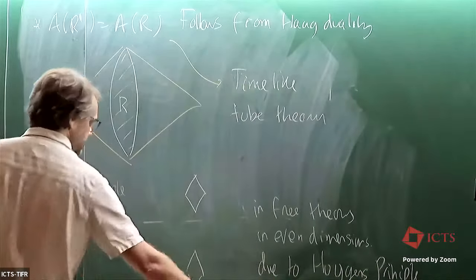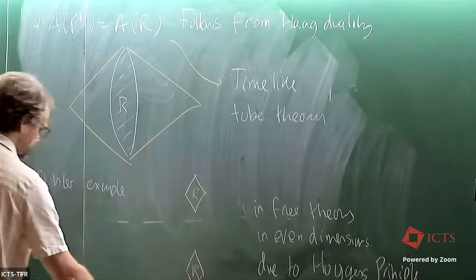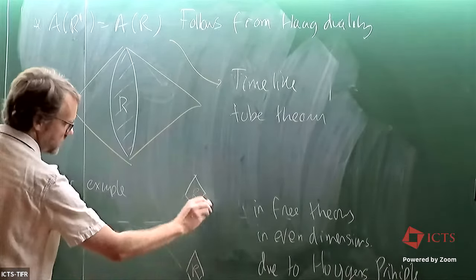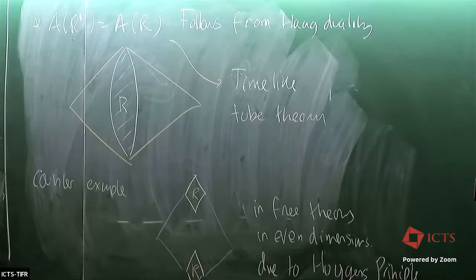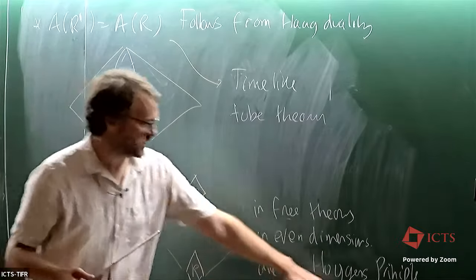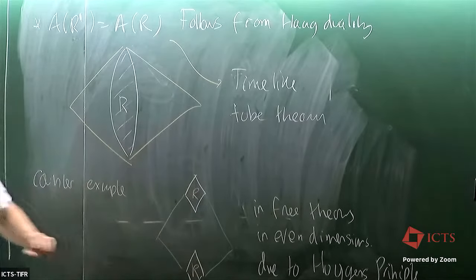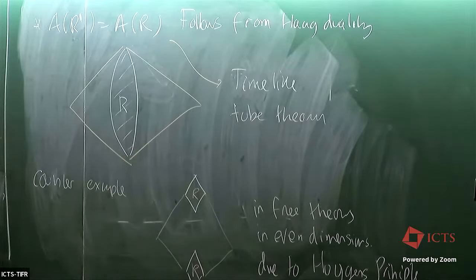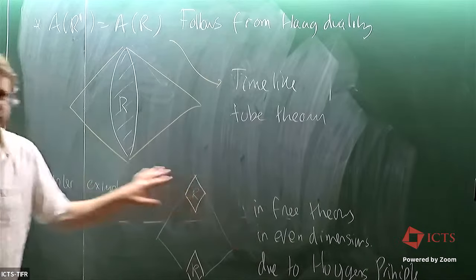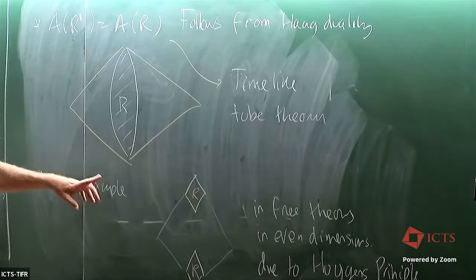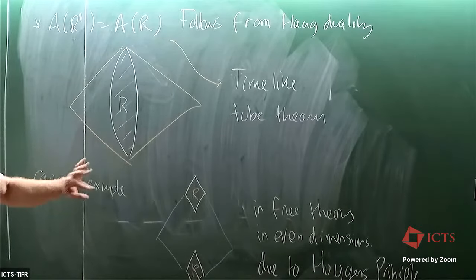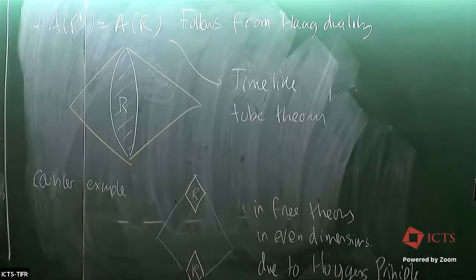This is the region R, and my causal completion would be this diamond here. Huygens' principle means things propagate exactly on the light cone, and because of that, in free theories you can have a violation of this. This counterexample seems kind of silly, but it's free theories, so it's plausible. You add interactions and it goes away. So it's still plausible that something like this is true, at least for reasonable theories like interacting theories.